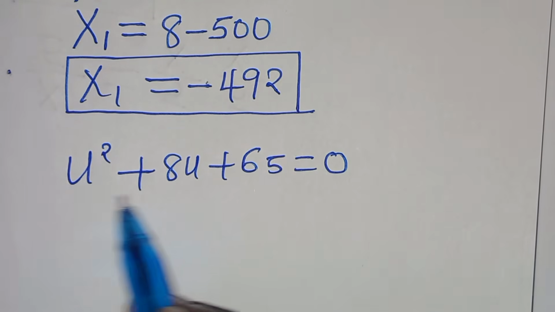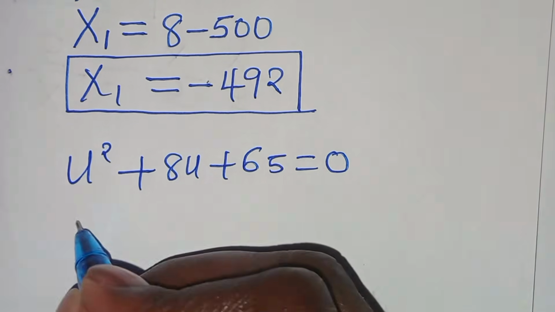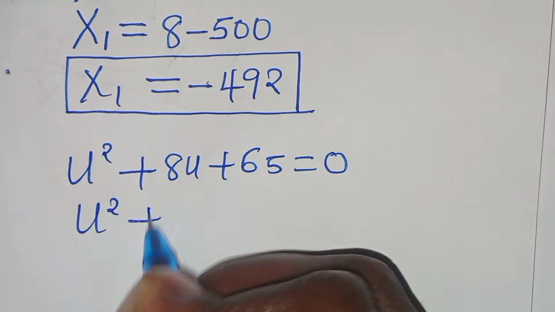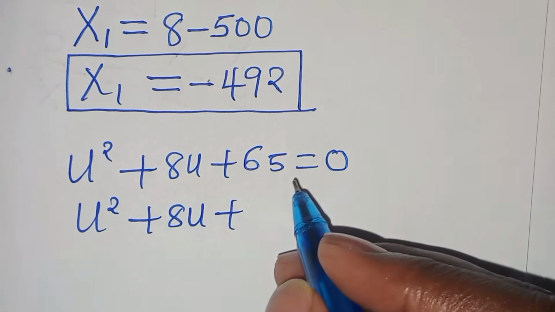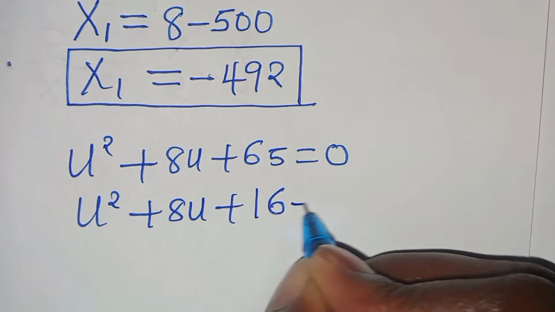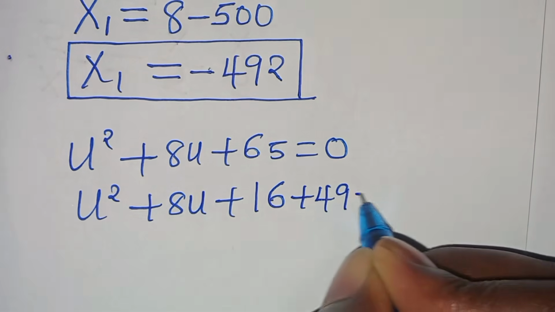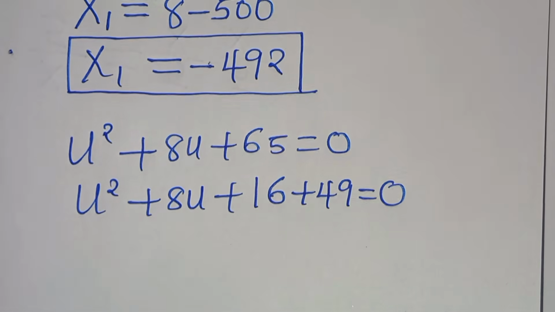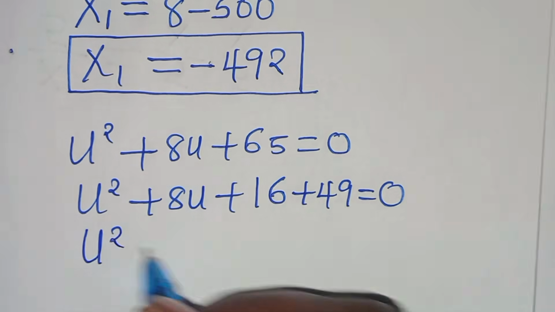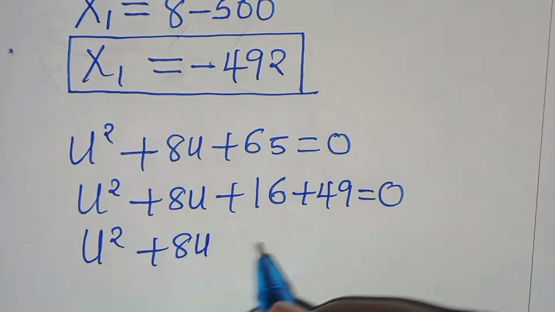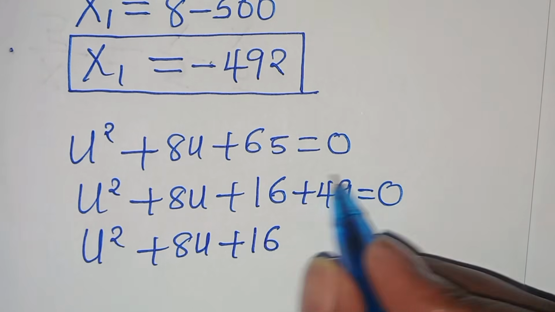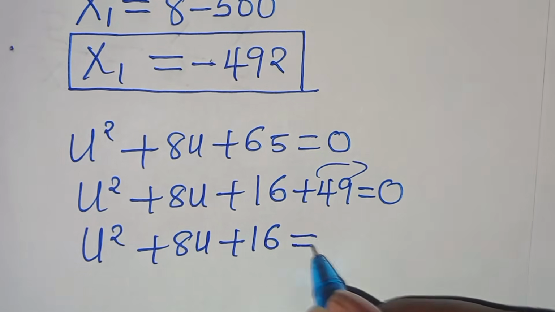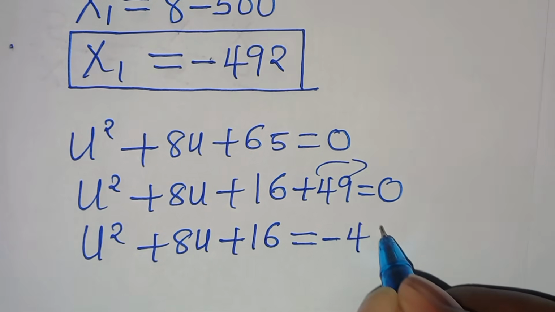We can write this quadratic equation as u to the power of 2 plus 8u plus, we can write 65 as the same thing as 16 plus 49, equal to 0. Now this is u to the power of 2 plus 8u plus 16. Let's take plus 49 on the right hand side. This is equal to negative 49.